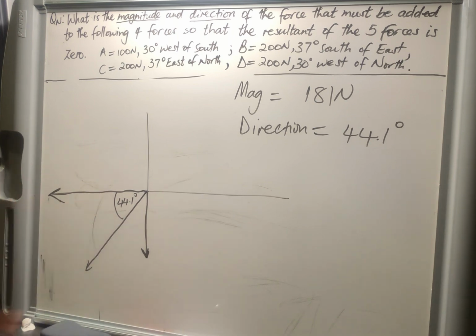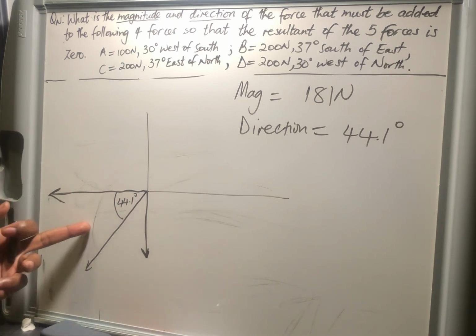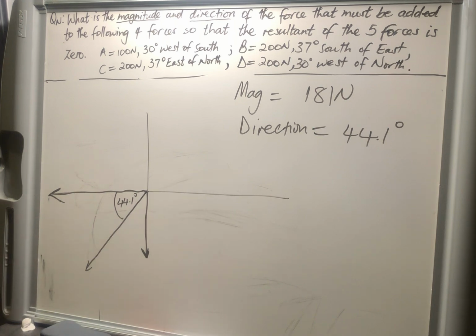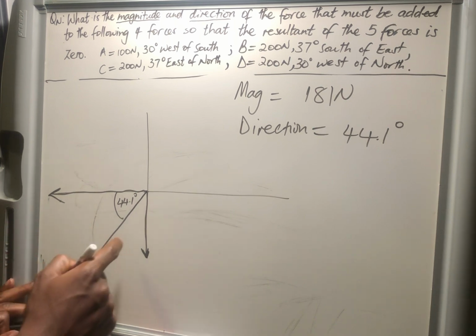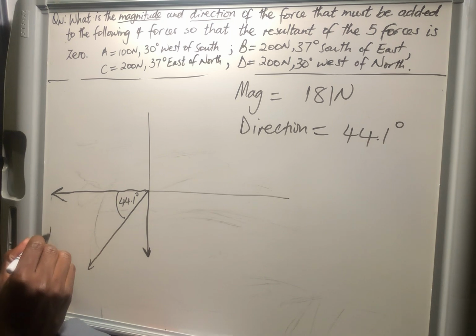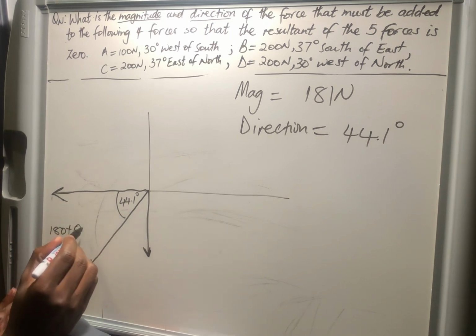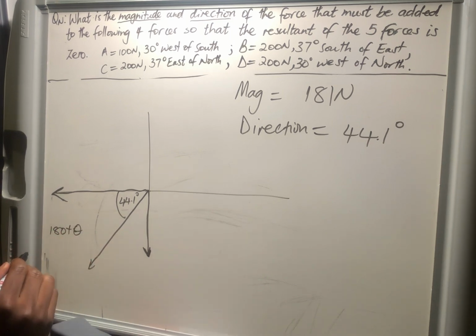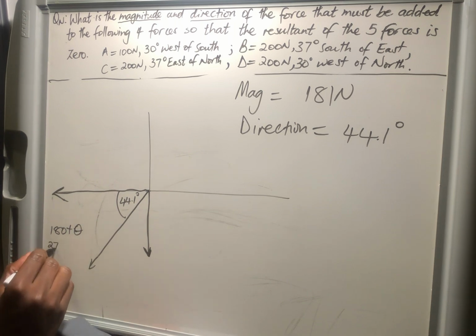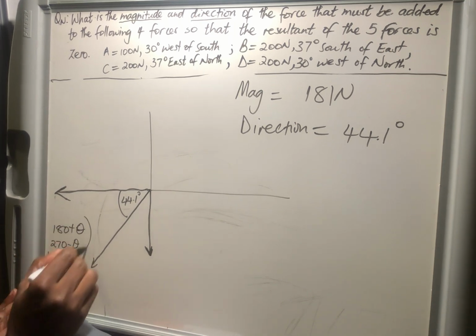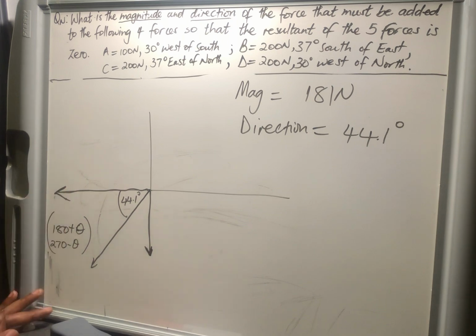For example, you have 44.1 degrees. This angle right here is wrong. So the actual angle here, I said in this quadrant, you use 180 plus theta, or 270 minus theta to get the actual angle. So you use one of these.